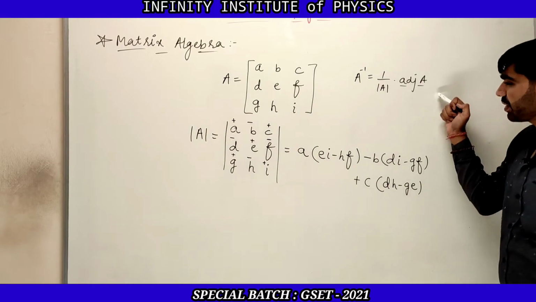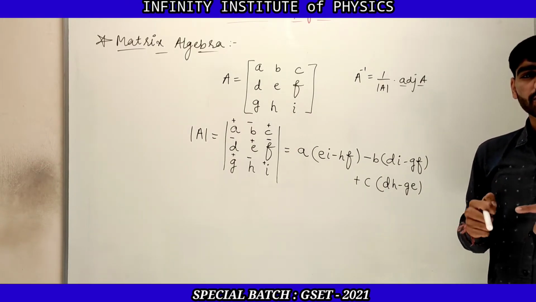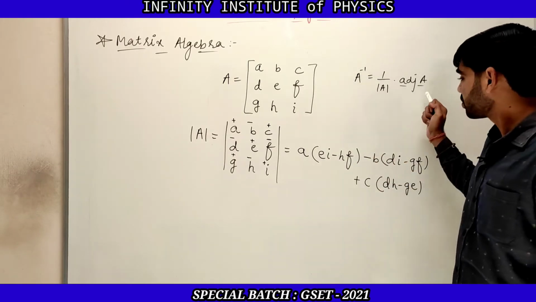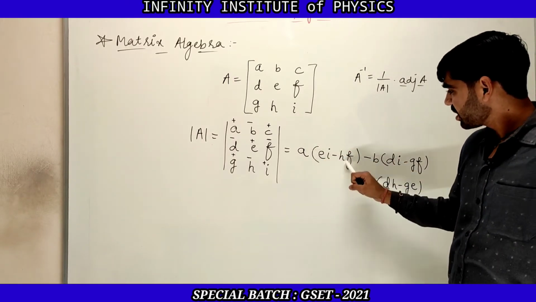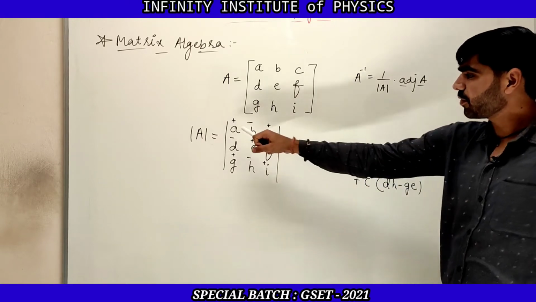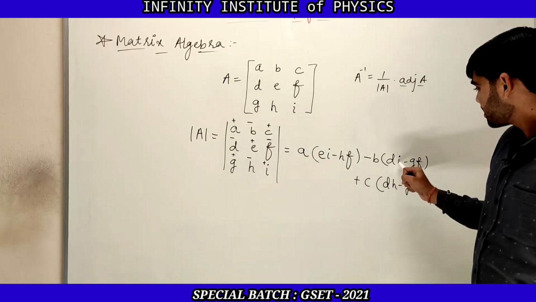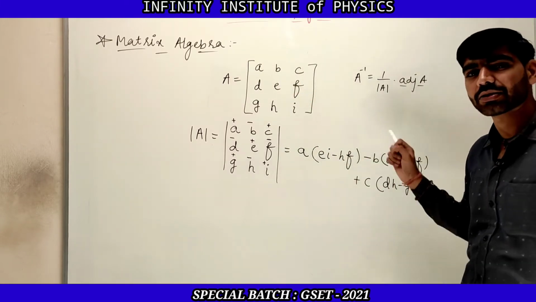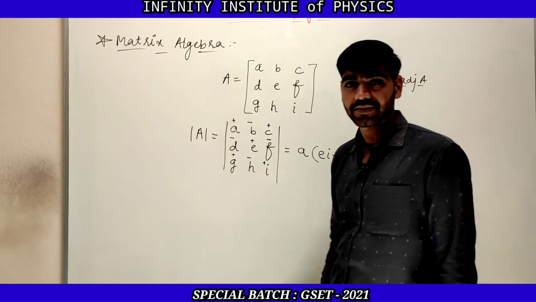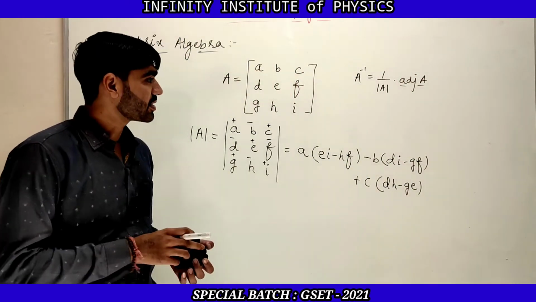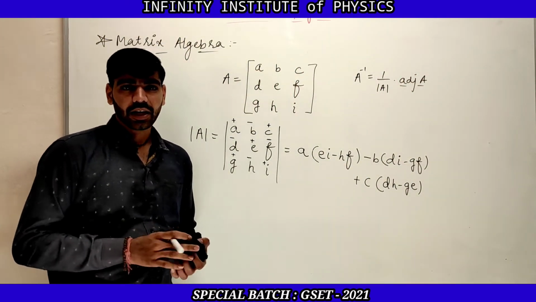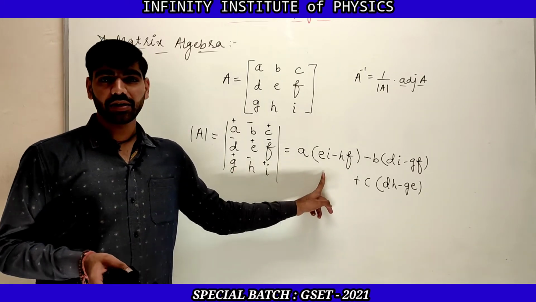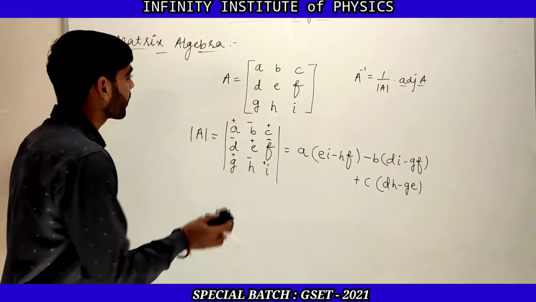So the adjoint of A is the transpose of the cofactors of the given matrix. So the cofactor of A is EI minus HF, then the cofactor of B is minus of DI minus GF, and similarly you can find the cofactors for the other elements as well. So A inverse is equal to 1 upon determinant of A into adjoint of A, where the determinant of A you can expand in this way.